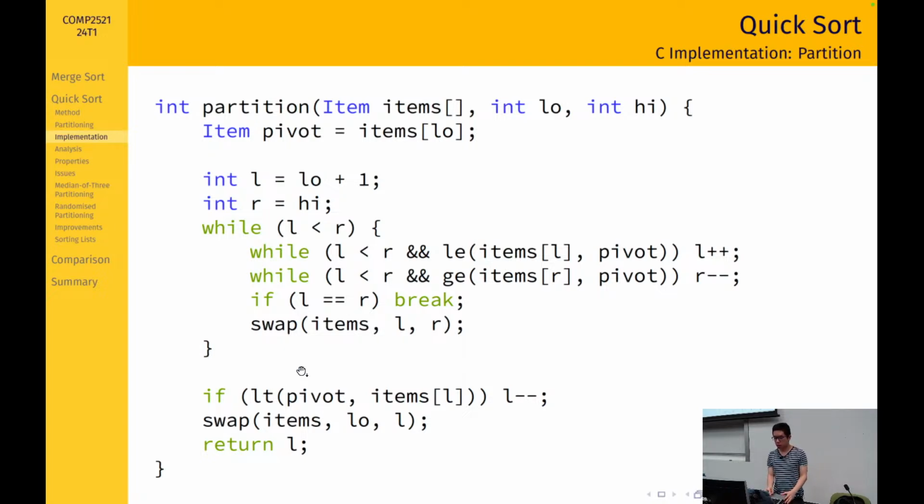If that's the case, then we want to swap the pivot with the element to the left. So that's just there for that special case. You need to be careful about what you swap the pivot with. Then you swap the pivot, which is at index low, with the middle of the array, and you return L. That's your pivot index.